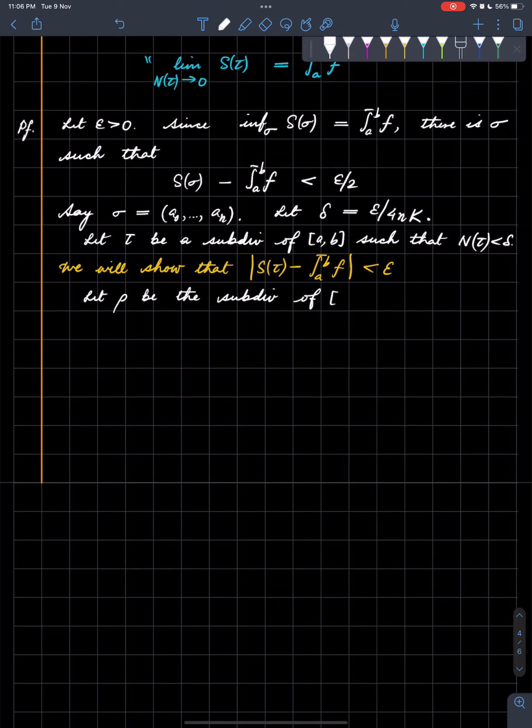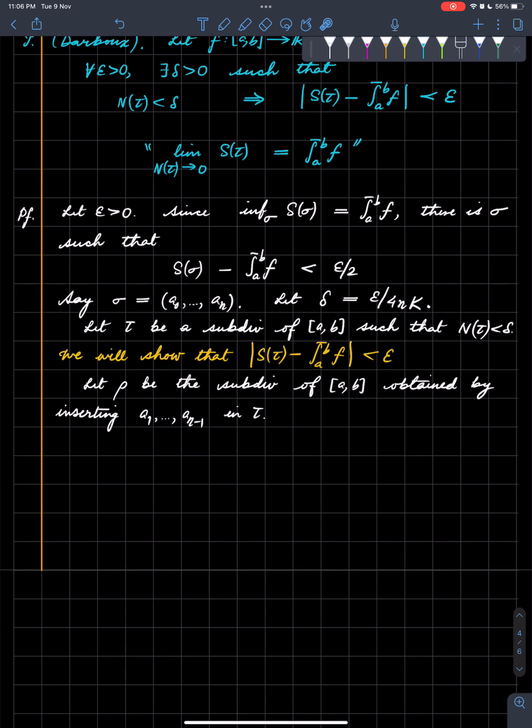of a comma b obtained by inserting a1 up to an minus 1 in tau. So basically we are inserting the points of sigma in tau, and we are not inserting the endpoints because they're already present.